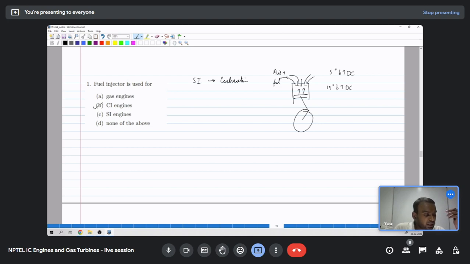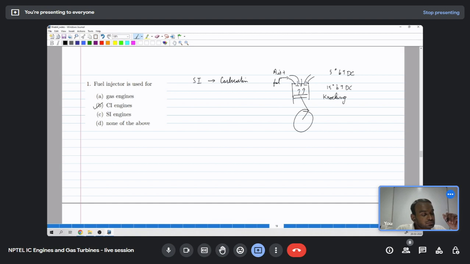This will lead to losses, and also the rate of pressure rise will be very high under these conditions. This phenomenon is called knocking.